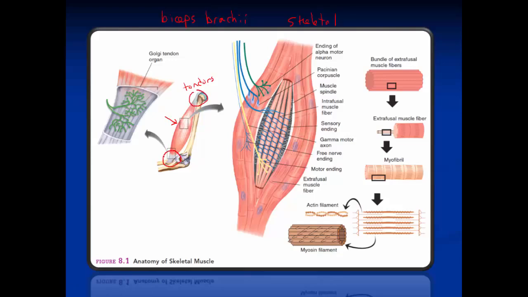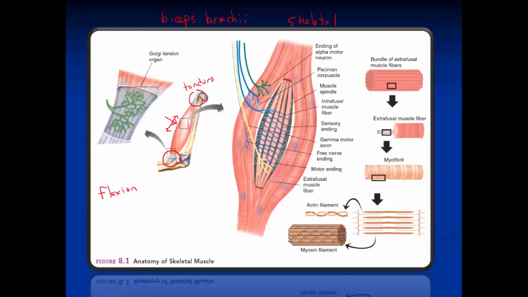Now muscle is stupid. It can do 2 things, and that's it. It can contract and it can relax. When muscle contracts, it gets shorter. So in this particular case, when the biceps brachii contract, they get shorter, and that's going to pull the ends together. That's going to result in flexion of your arm.